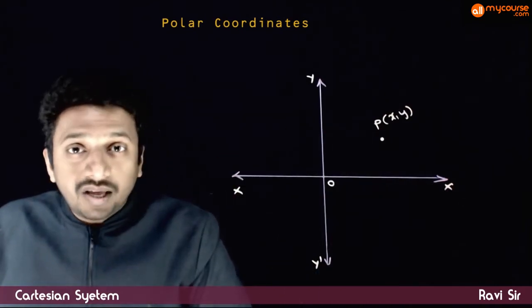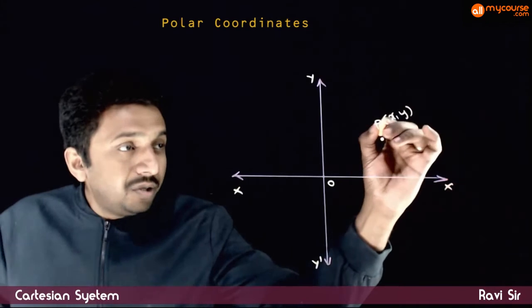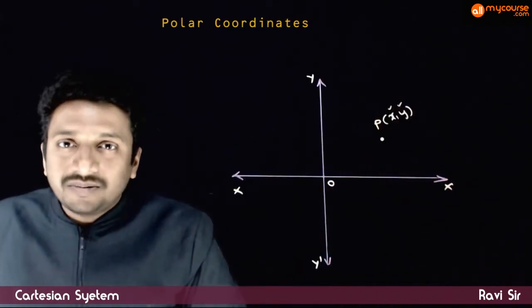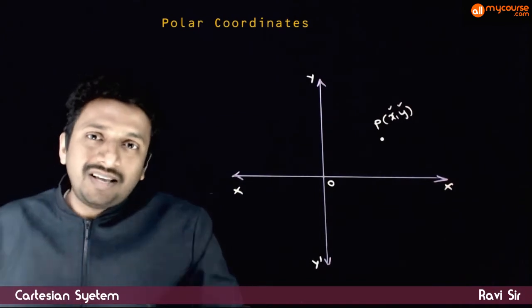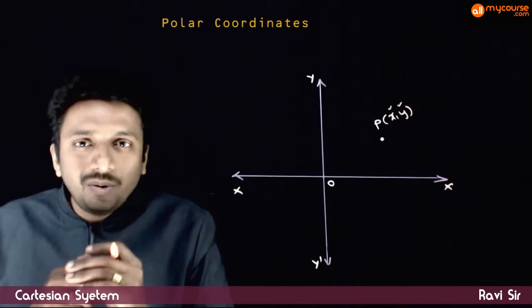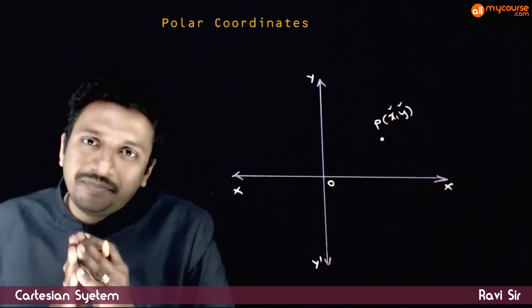So this is one way in which we can uniquely represent a point using two distances. Now let us see another way in which we can represent this point by using a distance and an angle.